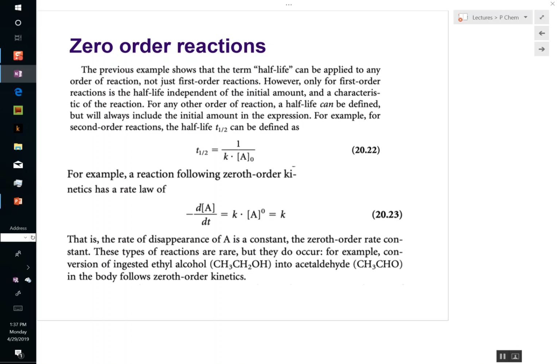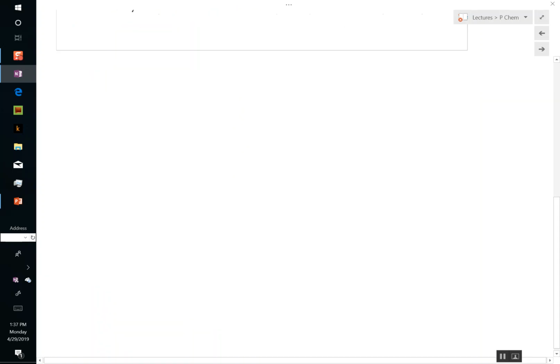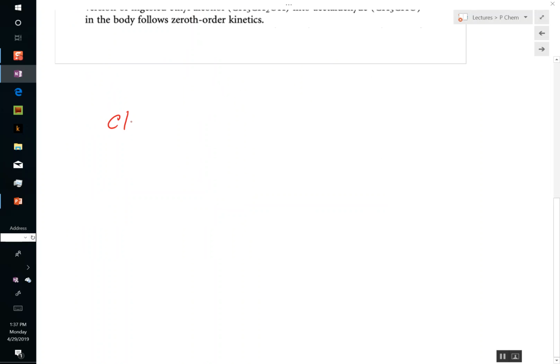Okay, so you have alcohol, and it's going to ethanol here. But it has to form some sort of complex, the alcohol plus an enzyme.